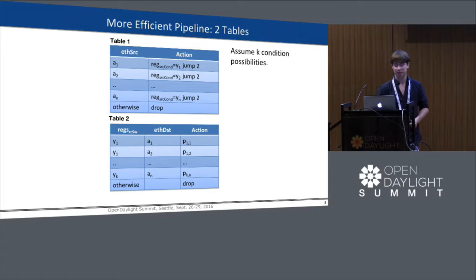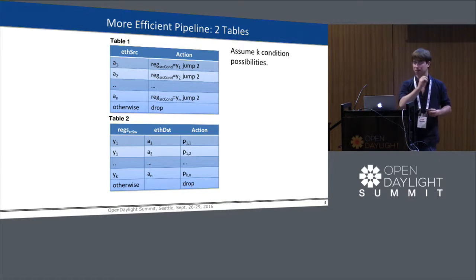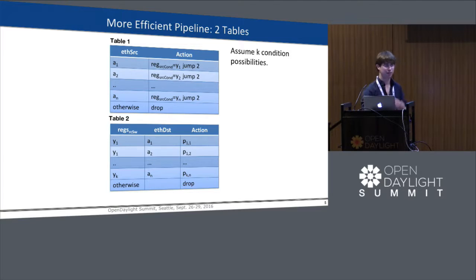A more efficient pipeline might be 2 tables. If we assume that there are k condition possibilities for the source table, and we assign each of those k possibilities an ID that we can trigger on in the second table's lookup, then we can get the first table in n entries, mapping each source that has an entry in the lookup table to a condition ID, and otherwise dropping it.